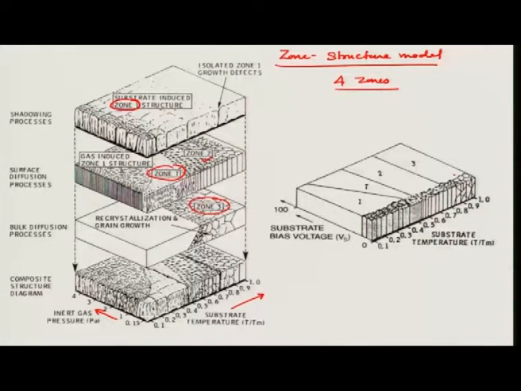In a simplified diagram, it is shown here: zone 1, zone T, zone 2 and 3. Here this is substrate temperature and this is the substrate bias voltage, and this is specifically for sputtering, because in sputtering you have a plasma and charged species, and you can apply a certain bias voltage to your substrate which will change the morphology also, because it will change the rate at which the ions are approaching your substrate.